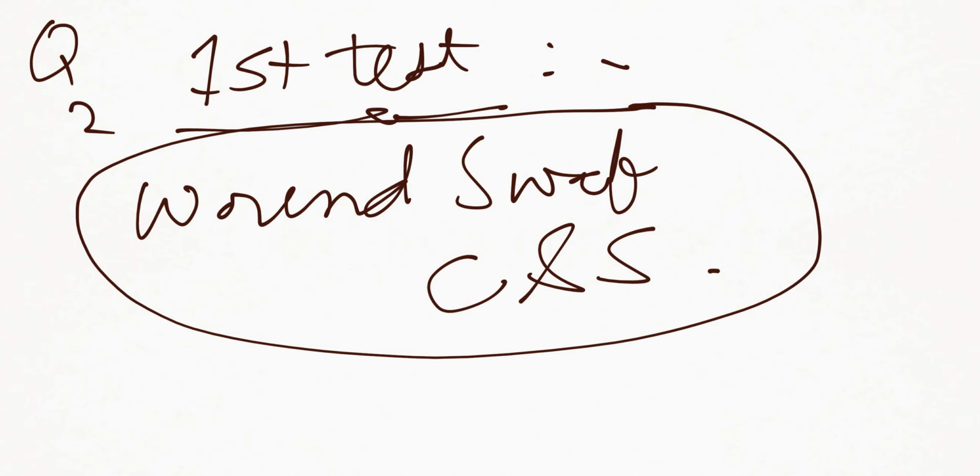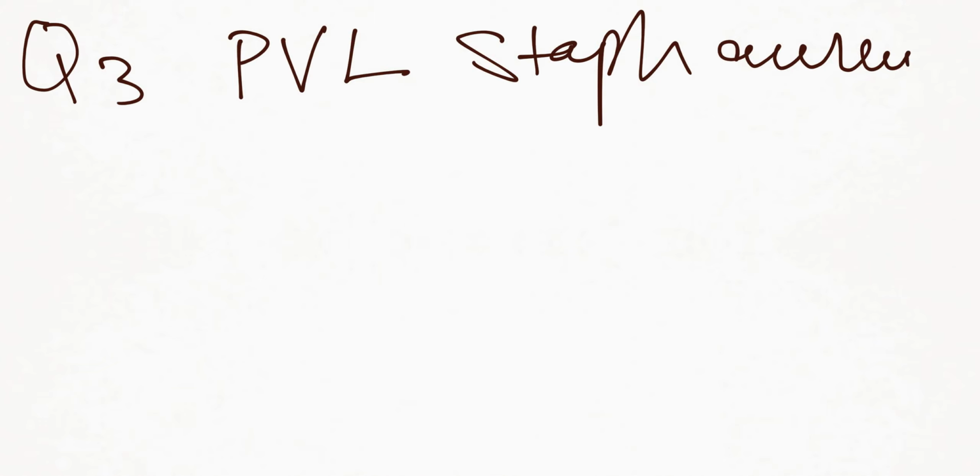Well, now we will go to the third question. It's a pretty difficult question. They will ask you, what do you know about PVL Staph aureus? This is not an easy question.